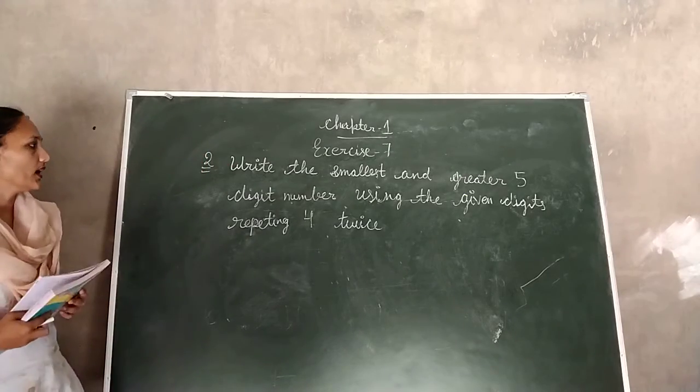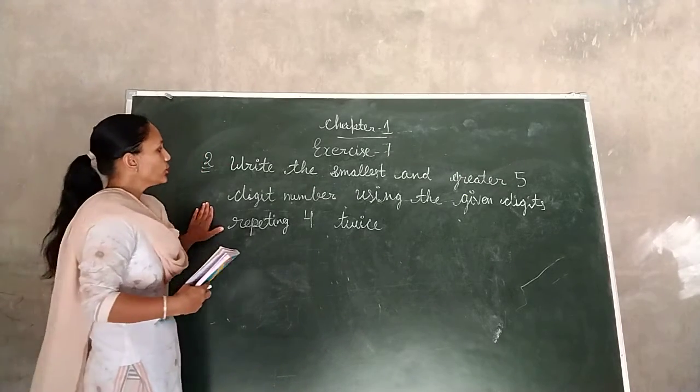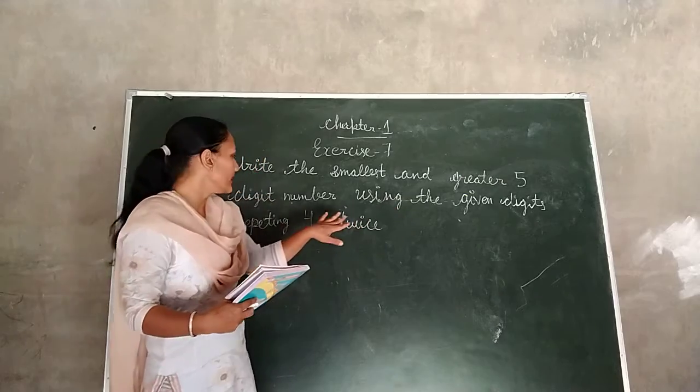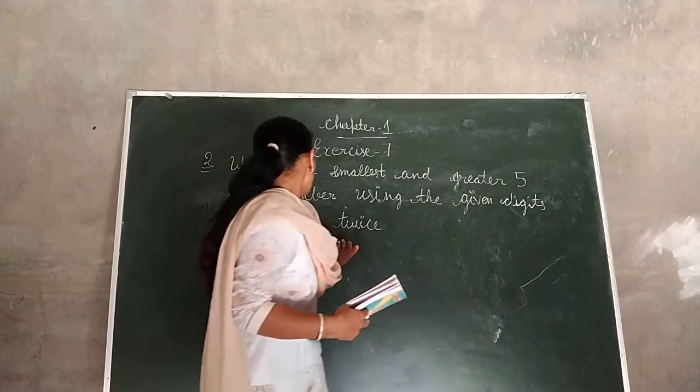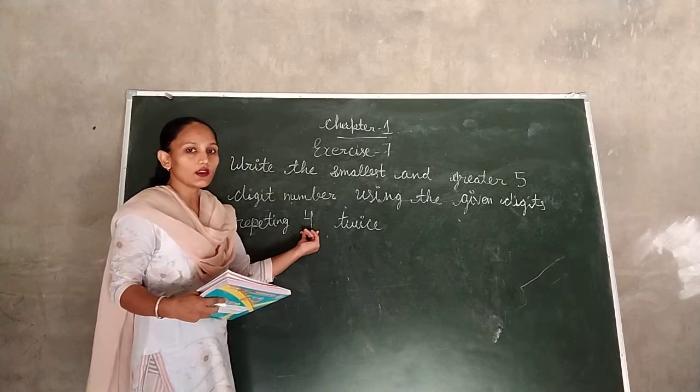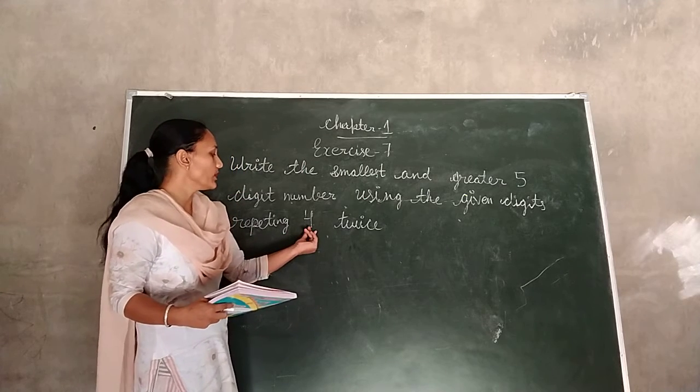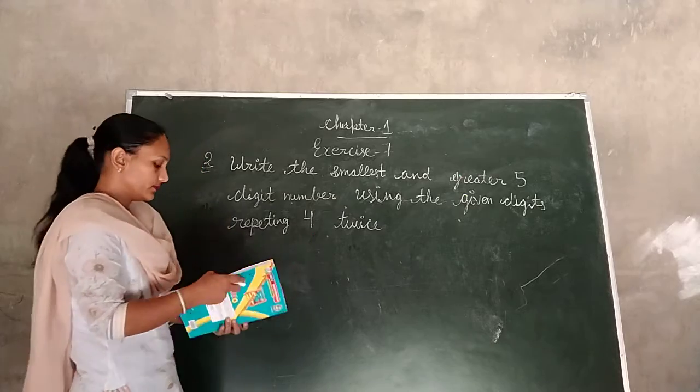So now what we have to do, we have to make the smallest and greatest number that is of 5 digits. And we have to repeat 4 twice. We have to repeat 4 two times.